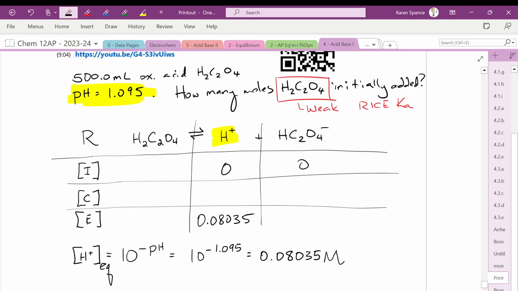Once we have that, is there anything else we can fill in? Yeah, we can figure out our change. Put in your pluses and minuses.